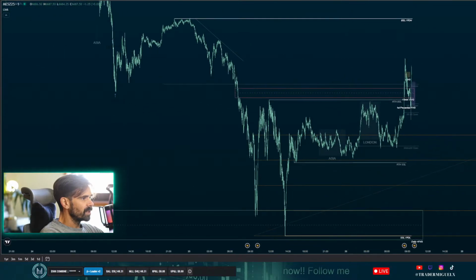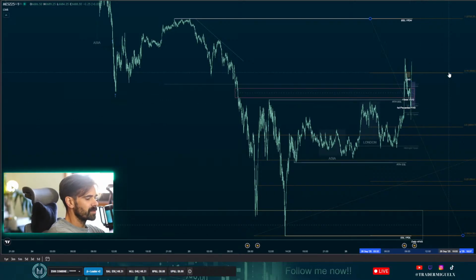If you look into the previous daily range, which is previous day high to previous day low, the market came down here, went to equilibrium on ES and retraced back to the upside.